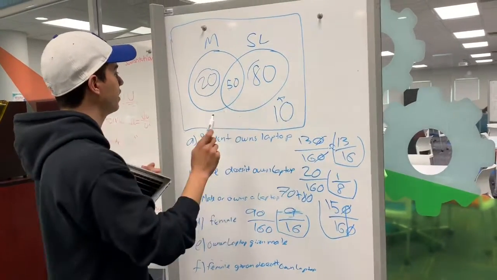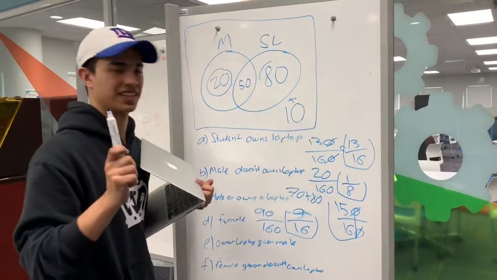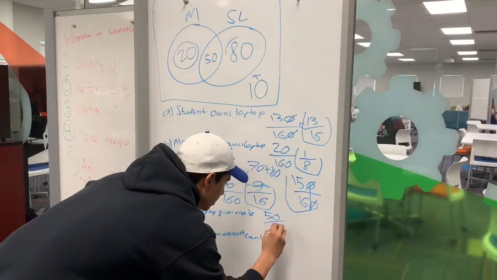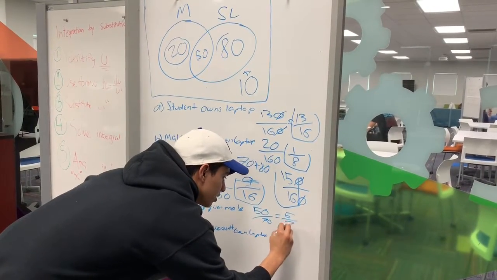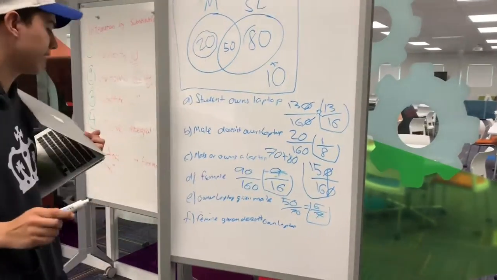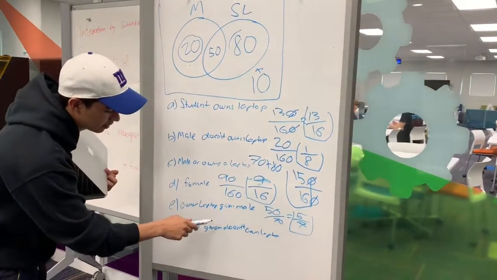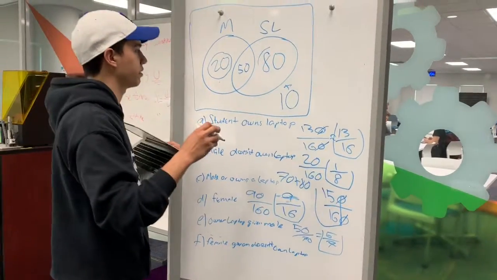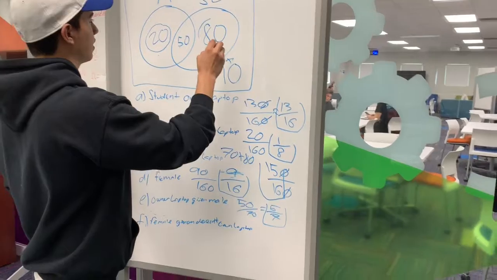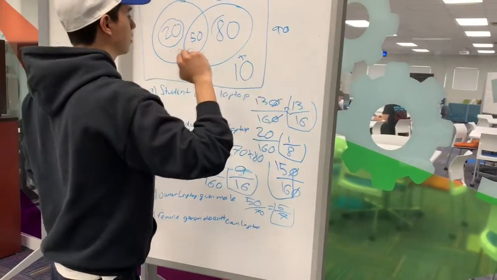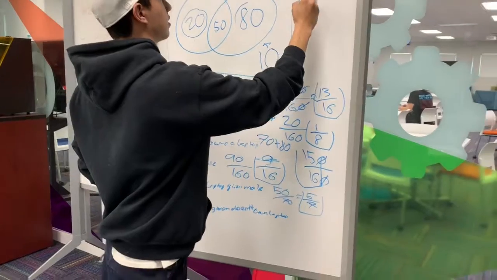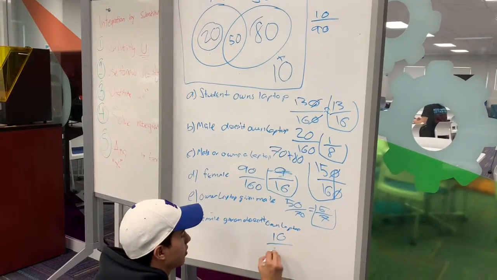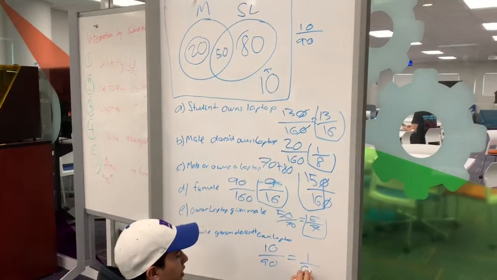So it would be 50 over 70 because it's given that it's a male. 50 over 70, which is 5 over 7. And a female given that she doesn't own a laptop. So it's a female, which is 90, that doesn't own a laptop, which is 10. So it would be 10 over 90, which is 1 over 9.